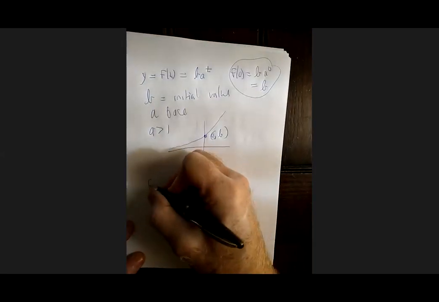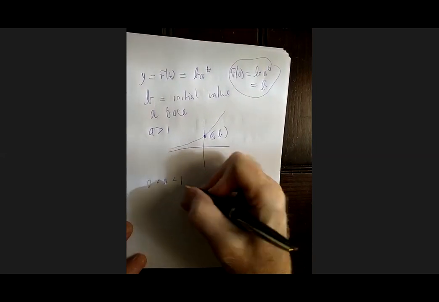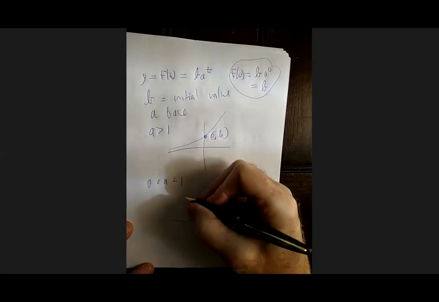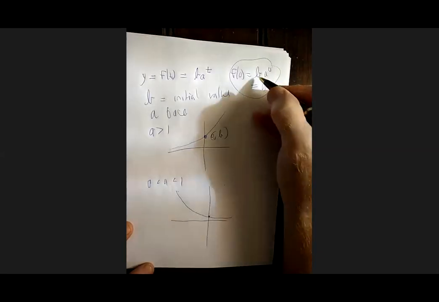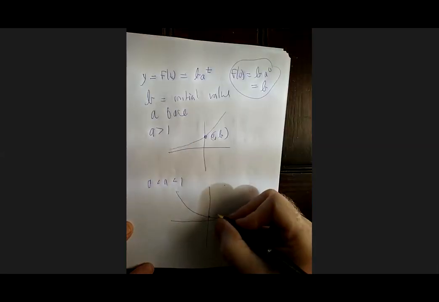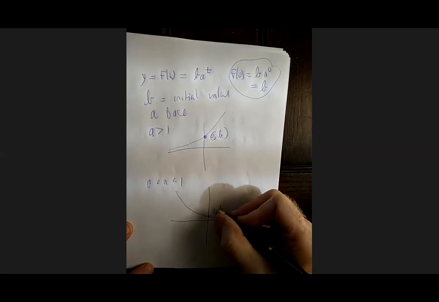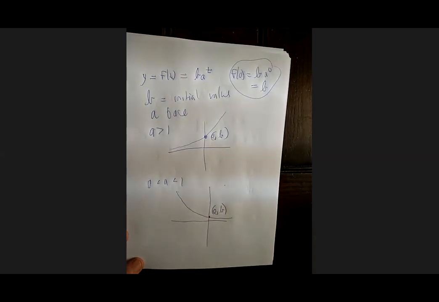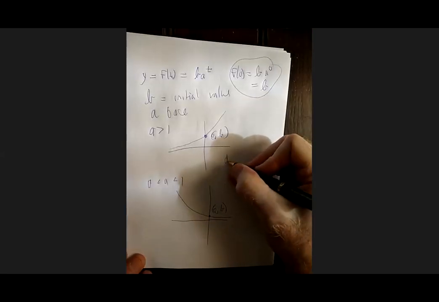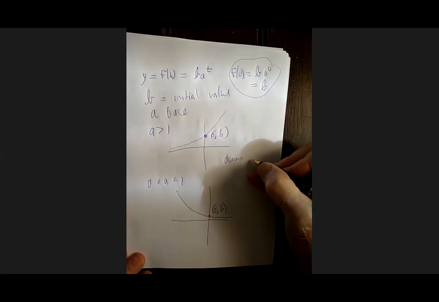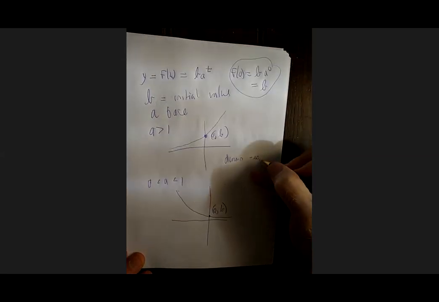And if a is between 0 and 1, it's going to look the opposite. It's going to look like that. And again, this doesn't depend on the size of a, so I'm going to have the same y-axis intercept. In both of these cases, the domain is minus infinity to infinity.